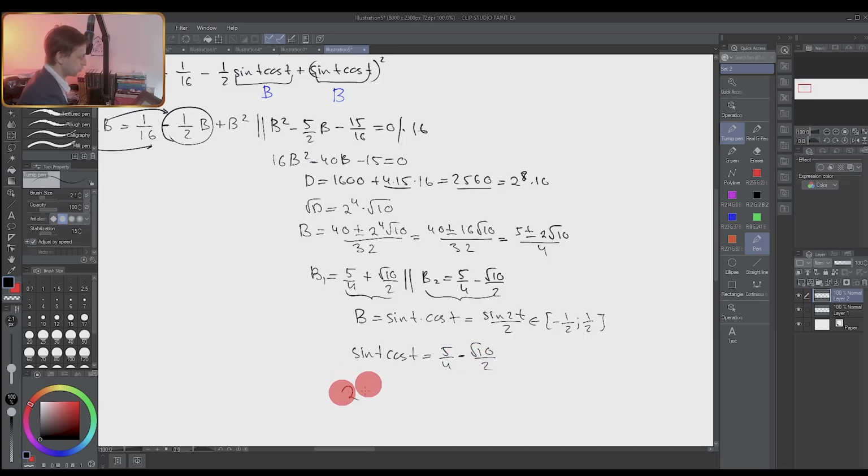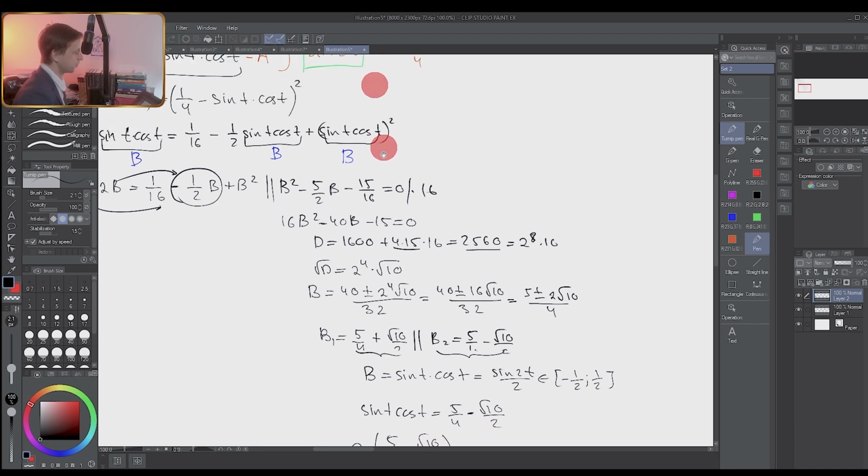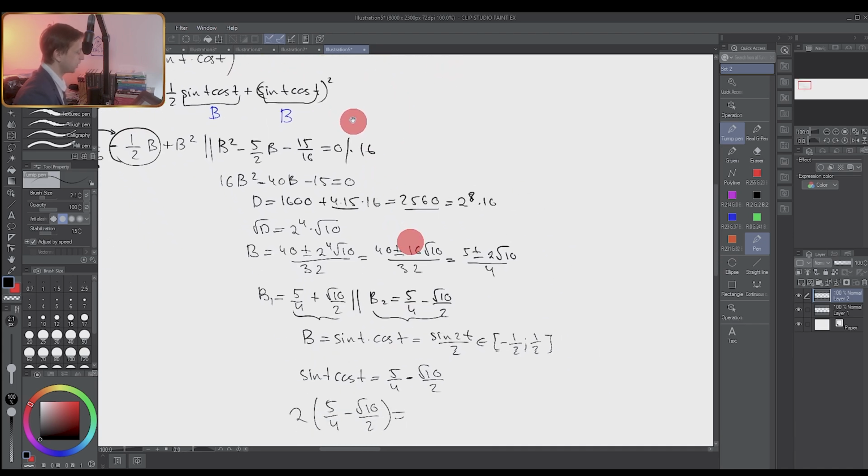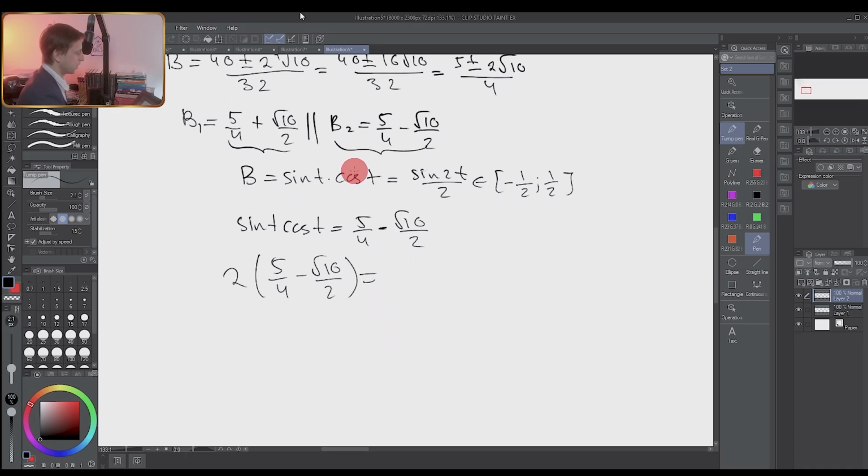So it means that 2 times 5 over 4 minus square root of 10 over 2 equals, and on the right side we have a minus 3 over 4. Great. So on the left side, 5 over 2 minus square root of 10 plus, we bring here 3 over 4, plus 3 over 4 equals a.